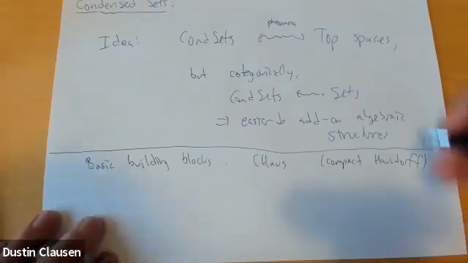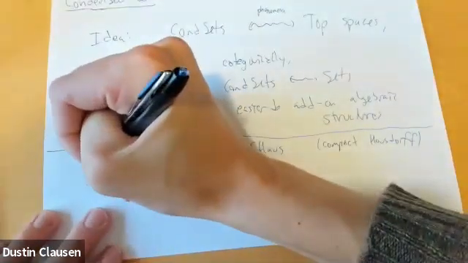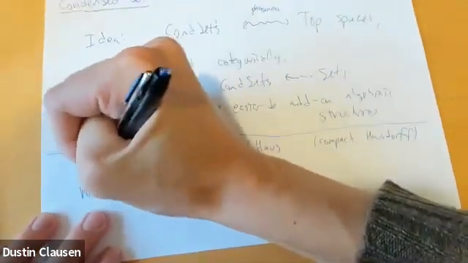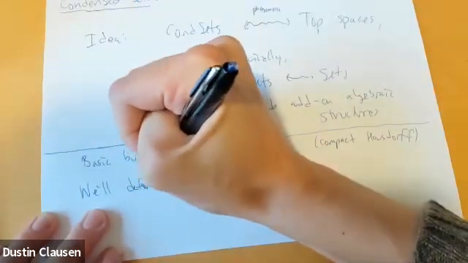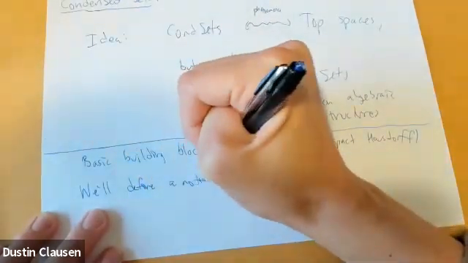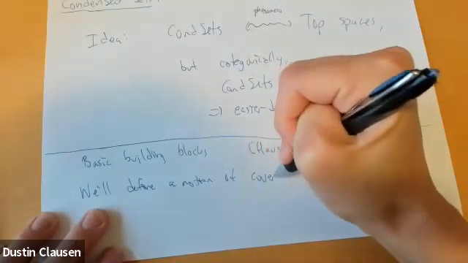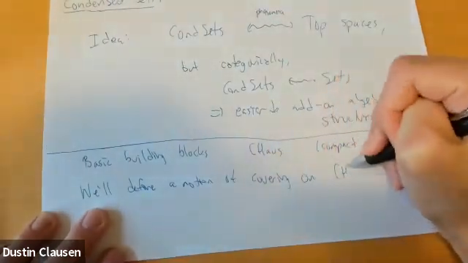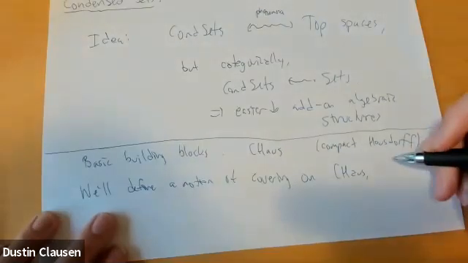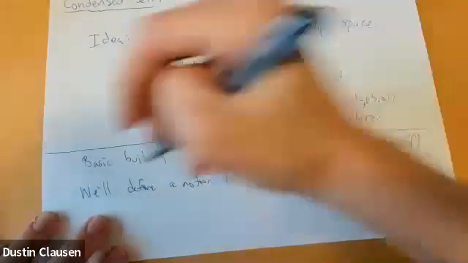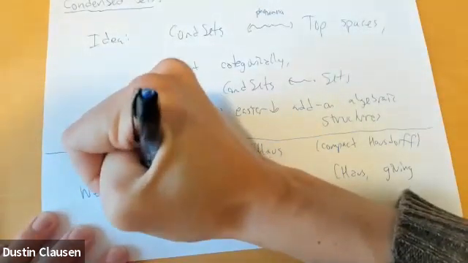The formal way to do that is, modulo set theoretic difficulties, we define a site, a notion of covering on compact Hausdorff spaces, giving a site, and then, modulo set theoretic technicalities, condensed sets will be sheaves of sets.